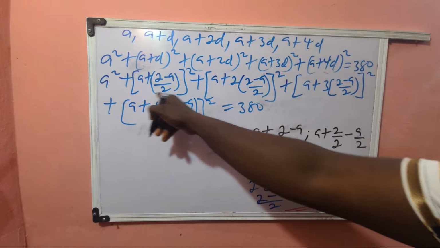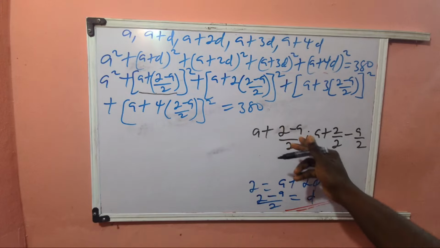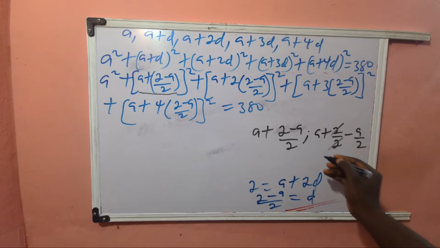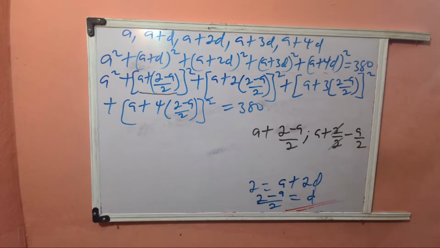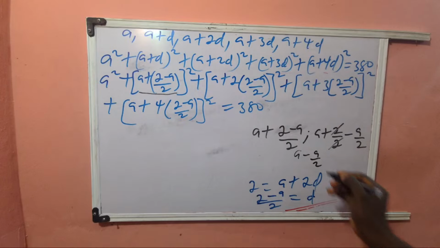This 2 over 2 cancels, and I'm left with a minus a over 2.